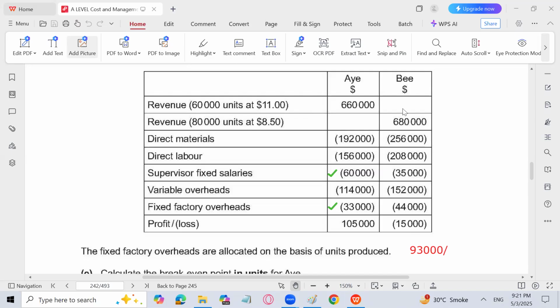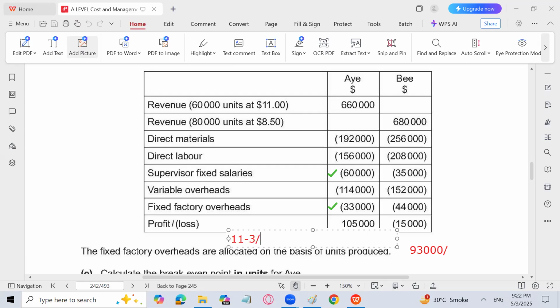I's selling price is 11. So 11 minus variable cost per unit. 11 minus direct material per unit, 192,000 divided by 60,000.